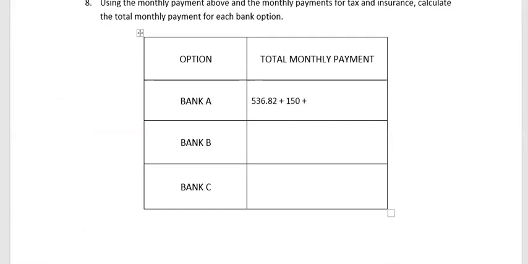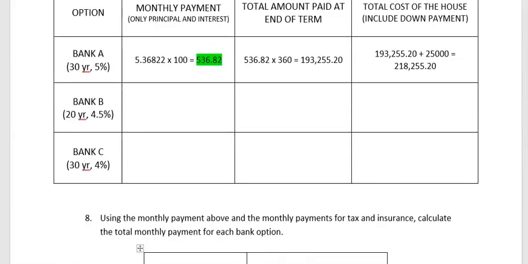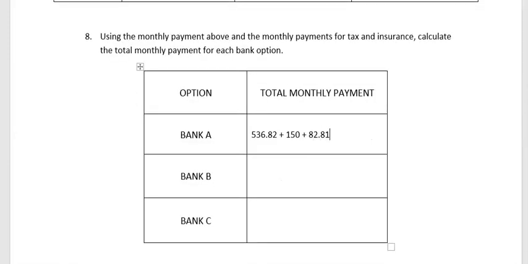And finally, we'll have our monthly tax payment, which was $82.81. Then we're just going to see how much that comes to that I'll have to pay every month, because we don't just pay the mortgage, we also have taxes and insurance. So this comes out to $769.63. That would be my total payment if I bought this house and I went with Bank A.